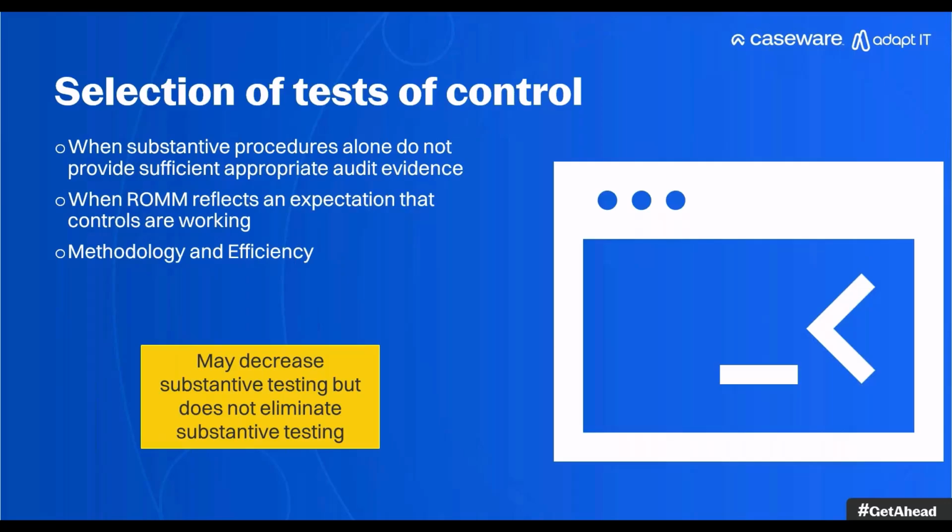So I cannot physically go and pick them up, touch them, see them, to check that they exist, to count them, think of an inventory count. So how will I test the existence and the completeness of inventory? I will have to test the controls around those codes.